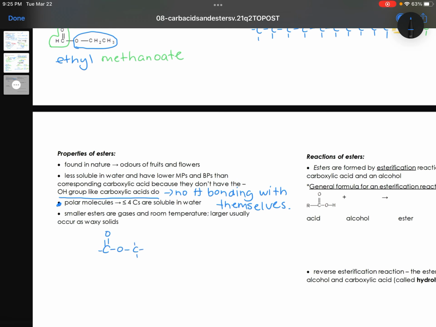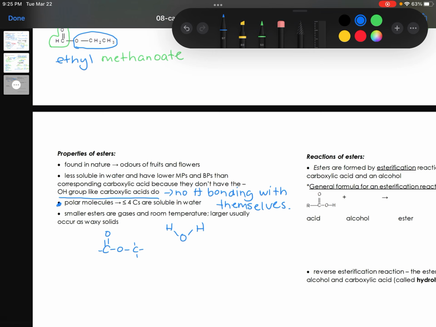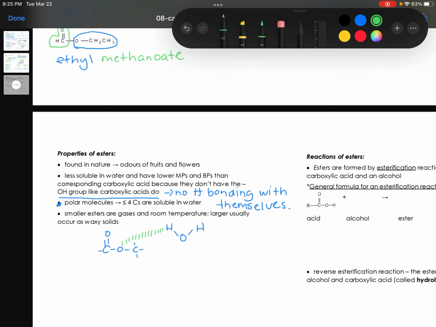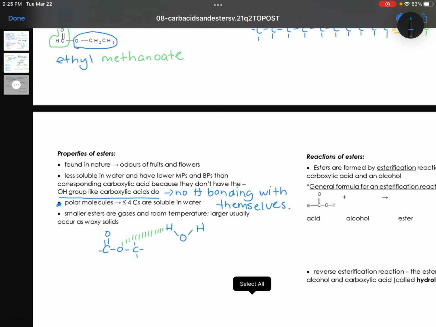Let's just draw a simple one here and show it interacting with water. But there is no OH in the ester itself, so it cannot form hydrogen bonding. Okay, so that is a very important difference between esters and carboxylic acids.